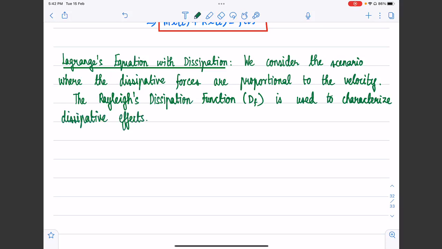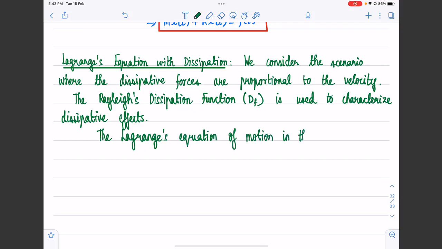Like a damper. Once we include the Rayleigh's dissipation function to model these dissipative effects, the Lagrange's equation of motion becomes the following.